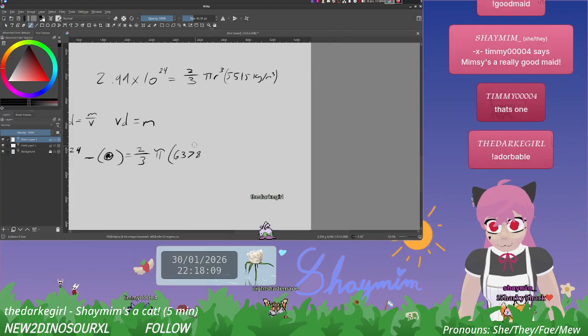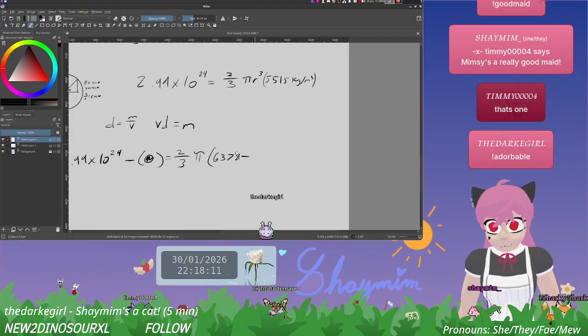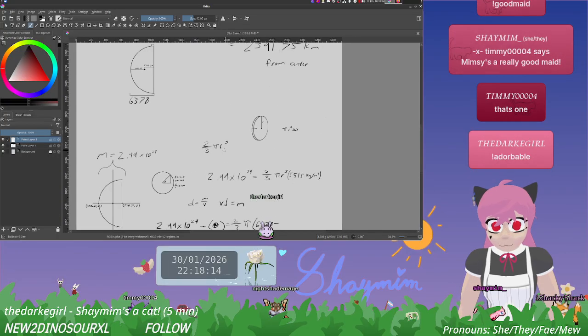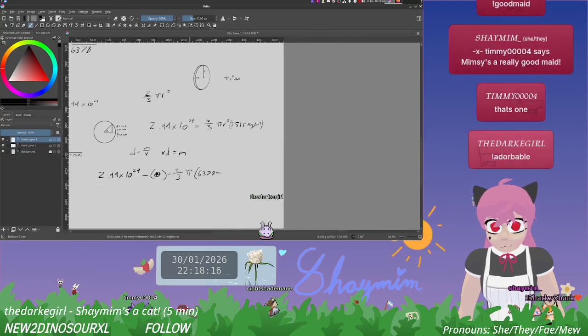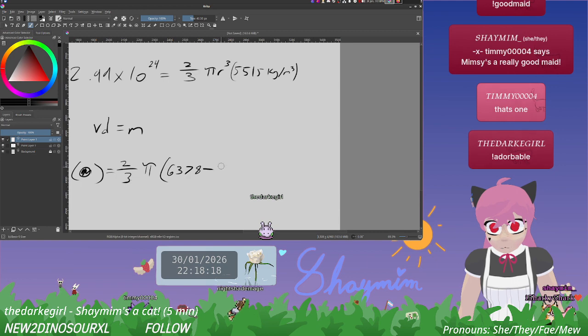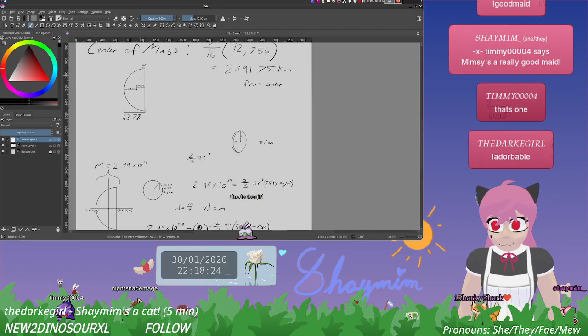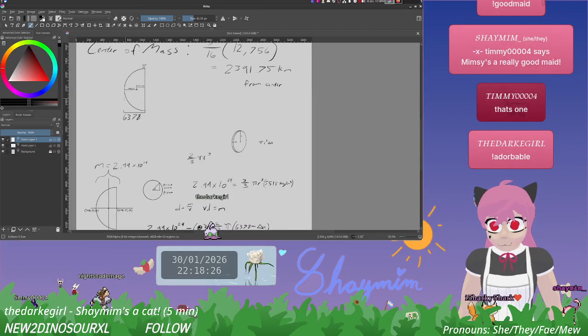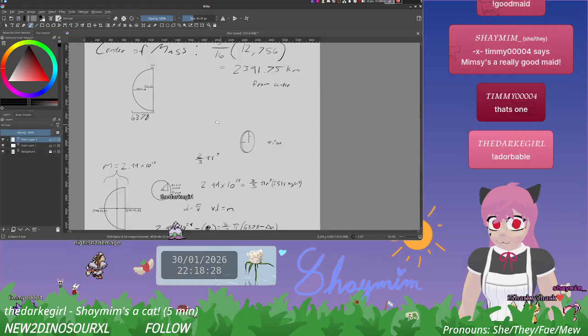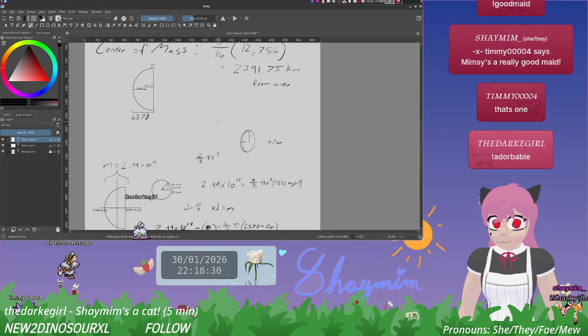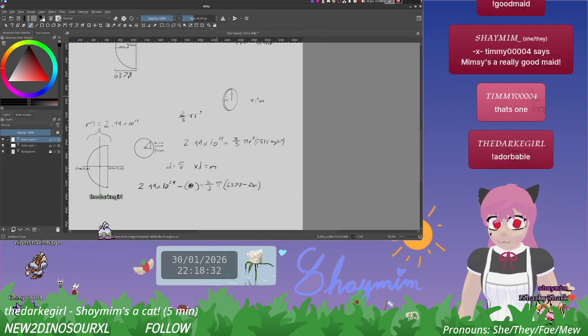Okay, but the radius would then be minus delta x, because if we're removing a slice of it, it wouldn't be a hemisphere anymore. Oh, that's no good.